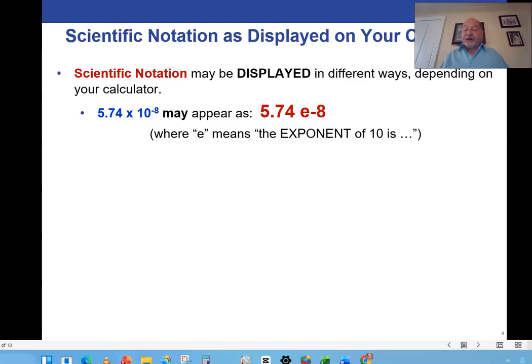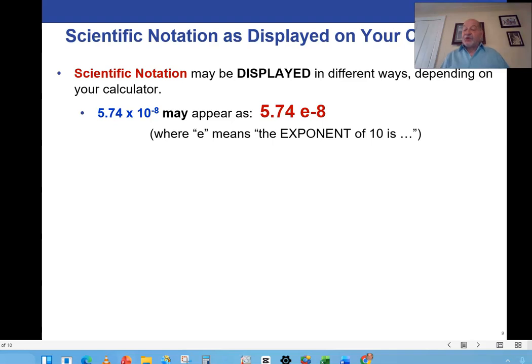But many calculators will actually use a shorthand version to display scientific notation. For example, this particular number will be displayed as 5.74 e, lowercase e, sometimes uppercase E, minus 8. And the e in this case stands for the exponent of 10 is. In other words, the calculator is telling you the number is 5.74 with a power of 10 of minus 8. In other words, times 10 to the minus 8.